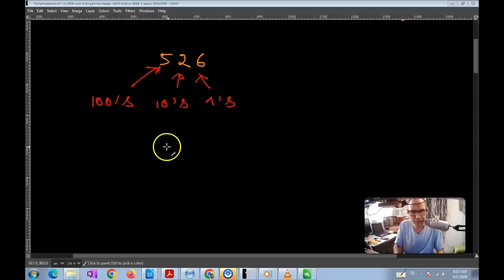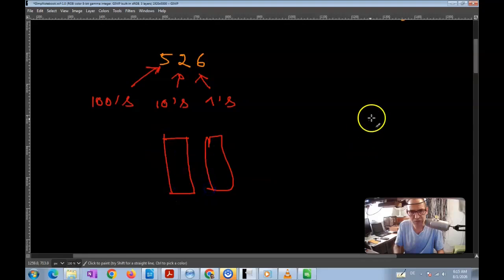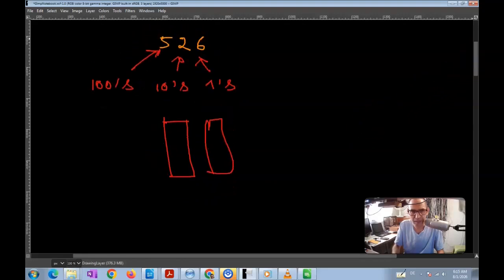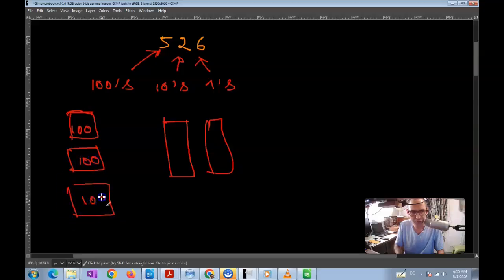Let's say that this is one group of 10, this is another group of 10, and let's say that I put 10 of these in a group, and I call it a group of 100. I'm going to draw it like this. This is a group of 100, another group of 100, another group of 100. This is a group of 10, this is a group of 10.